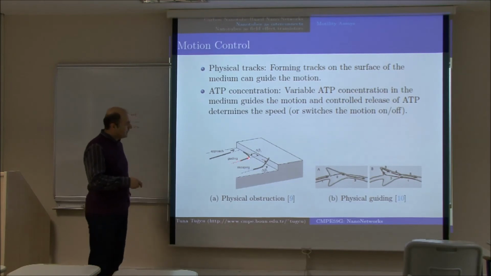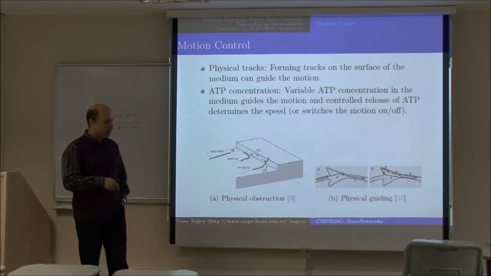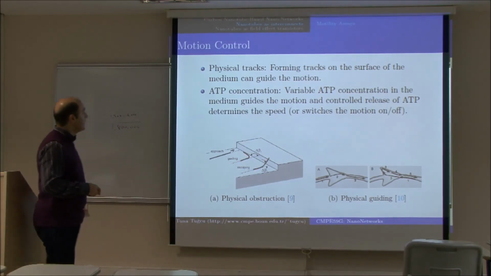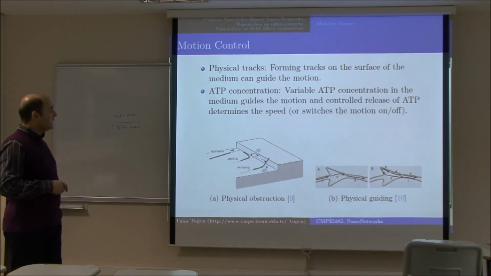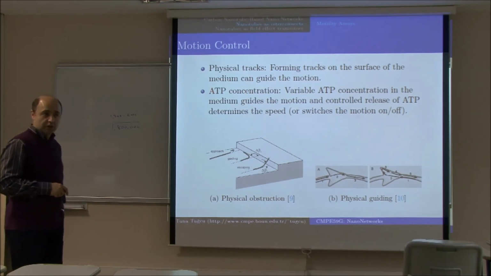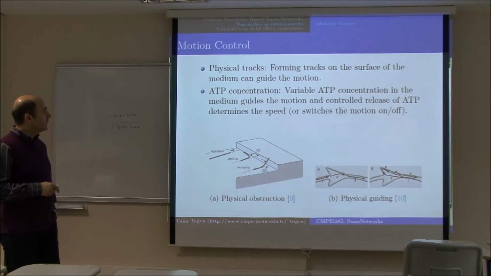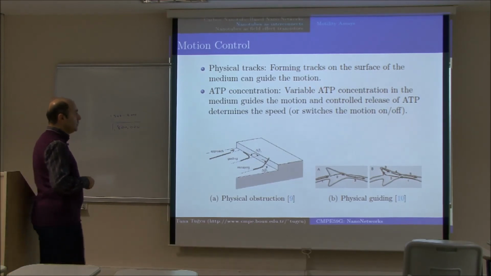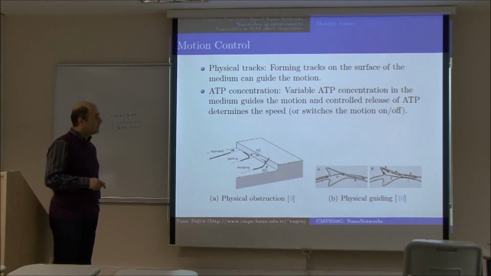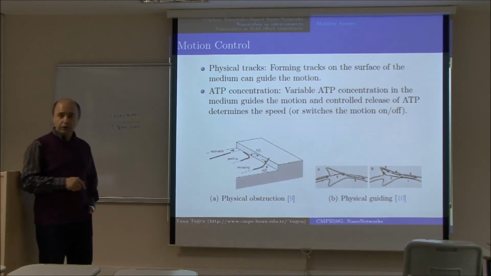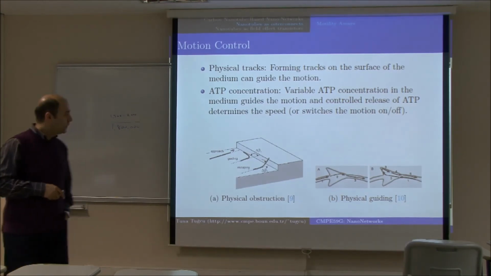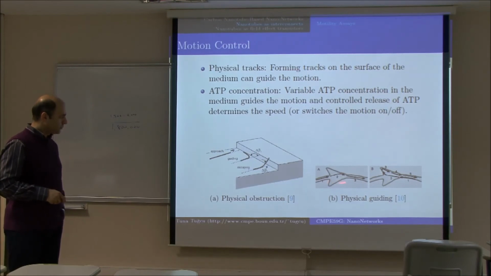You can make it turn, or you can make it escape also. By playing with the ATP concentration, you can control it. Variable ATP concentration in the medium will guide the motion, and controlled release of ATP will determine the speed. So you can switch on or off the movement, and physically guide how it will work.